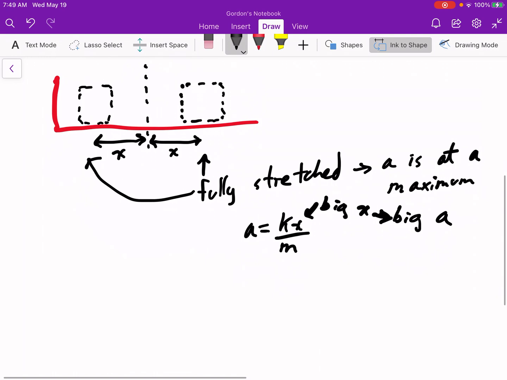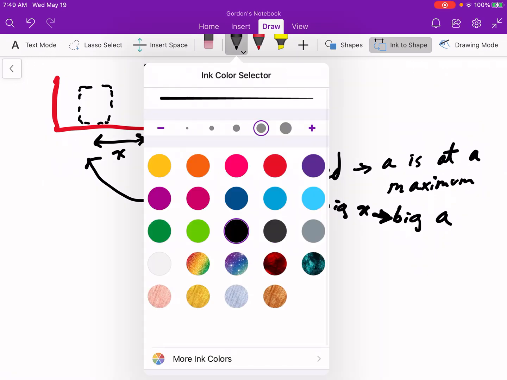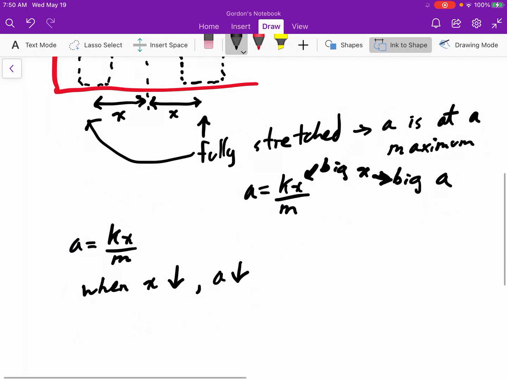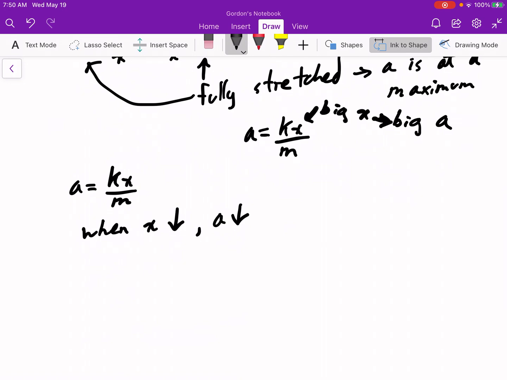And if we want to think about where the acceleration is at a minimum, looking at our equation again, a equals kx over m. This is telling us that as x goes down, our acceleration goes down as well. And the point where x is the smallest is where x goes all the way to 0. So when x equals 0, when the amount that is stretched is equal to 0, then our acceleration is also equal to 0.